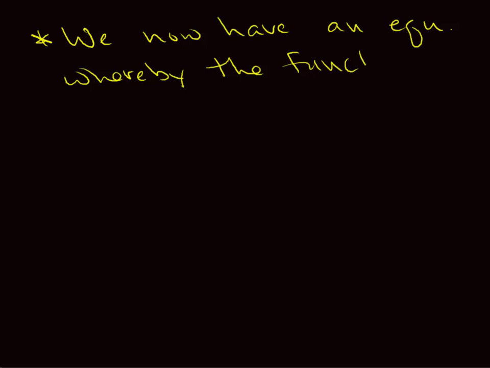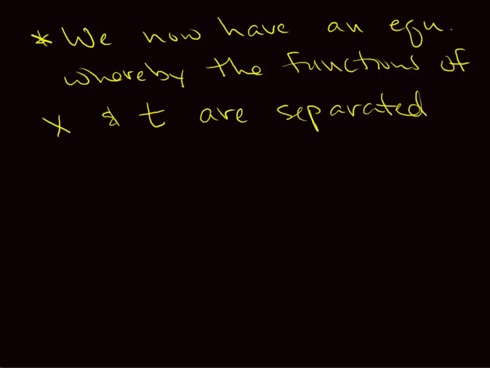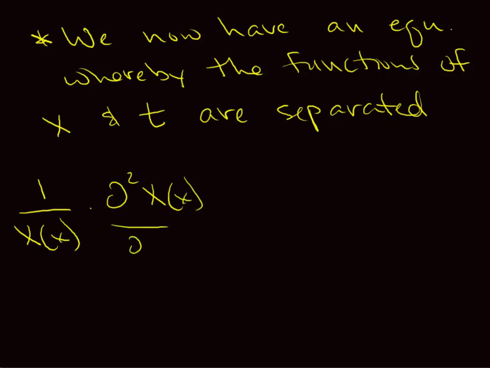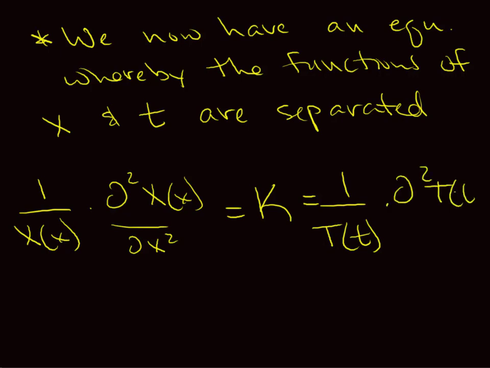whereby the functions of x and t are separated, and we can now describe it as 1 over X of x, second partial derivative with respect to x, equals k, some constant, equals 1 over T of t, partial derivative with respect to time as well.